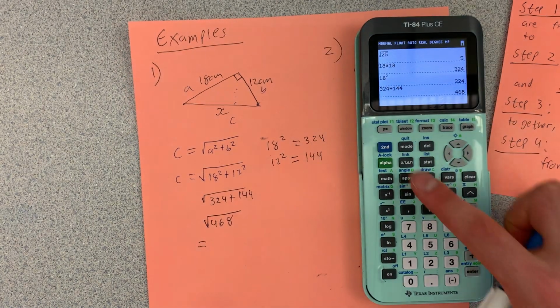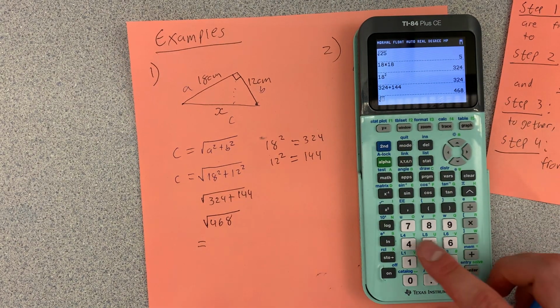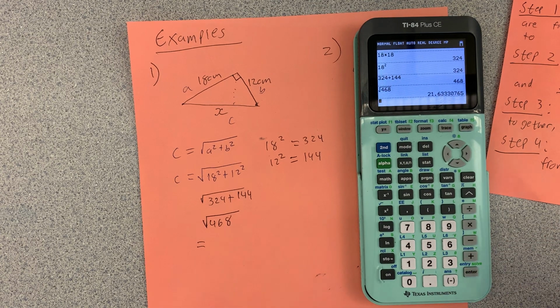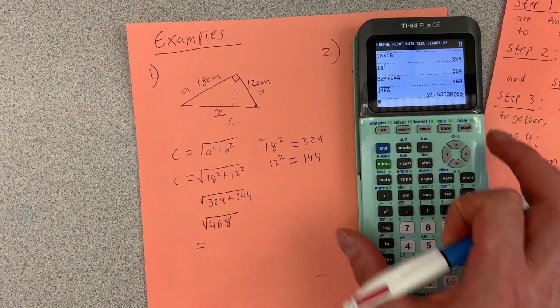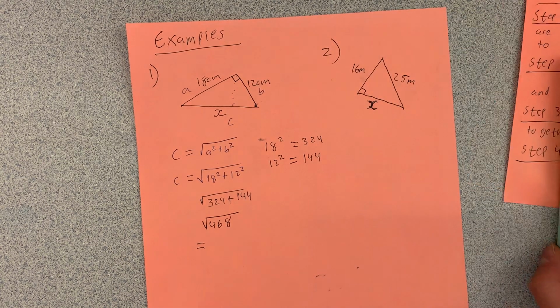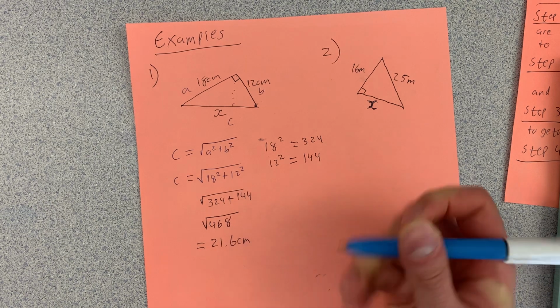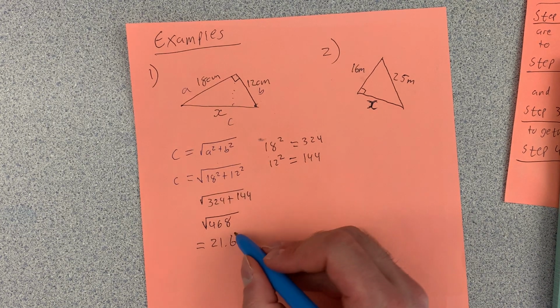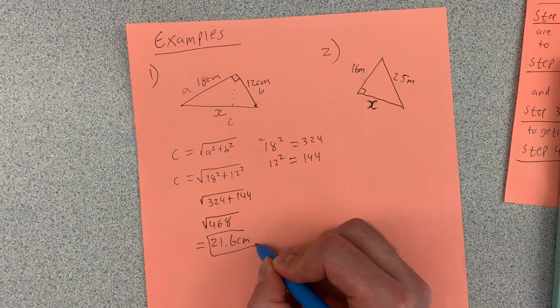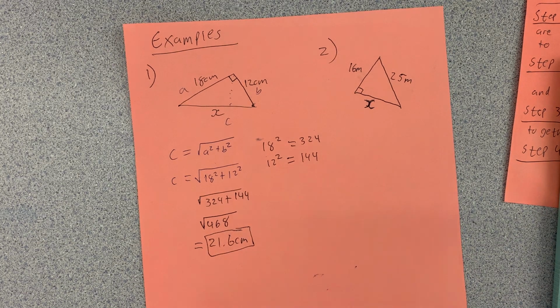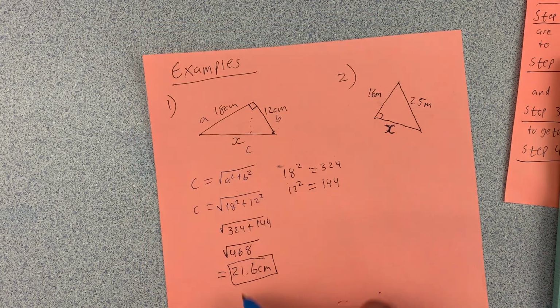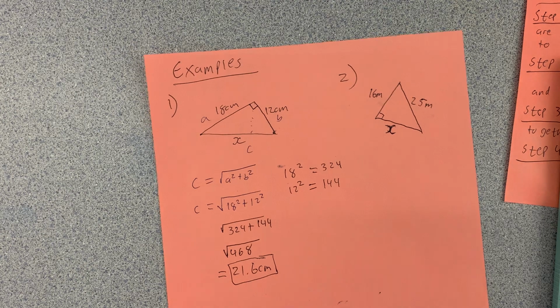So I'm going to hit my square root button first and then put in the number. Now usually you end up with a crazy decimal. That's okay. Let's just go to the 10th. So 21.6 centimeters. And this is just a regular length, so it's not squared, it's not cubed or anything. That's just our answer. And also notice how it's the longest side in this triangle, which is a pretty good sign that we did this correctly.